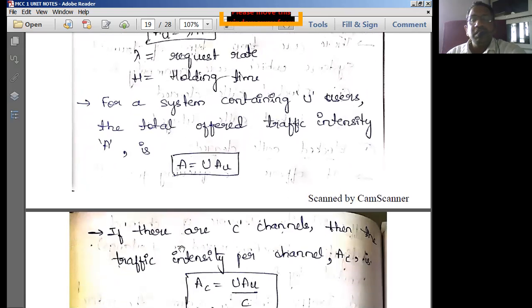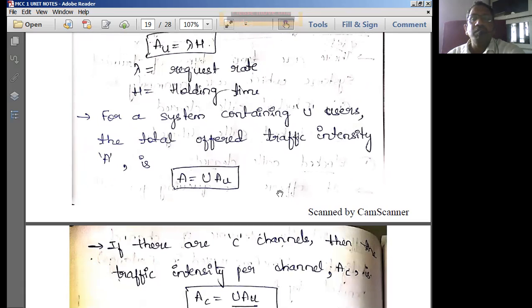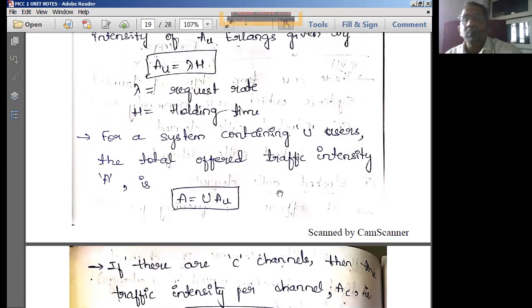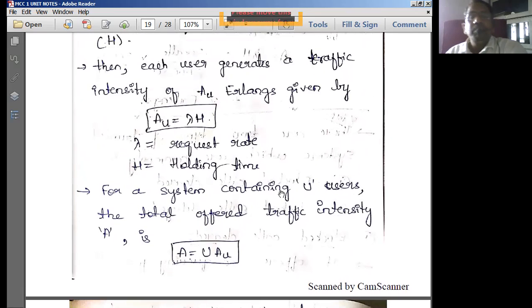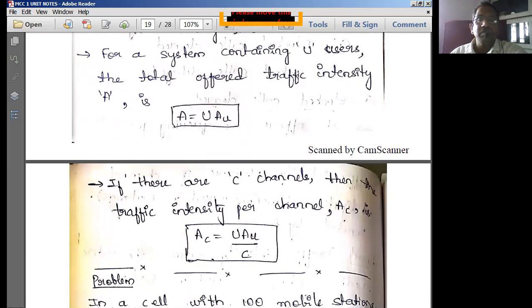Then let us extend our discussion to some other parameters. Say for a system containing U users, the total offered traffic intensity is A. So A is equal to U times Au, where Au is the traffic per user. So the total traffic offered, with U users under consideration, is U times lambda H. That is the formula.